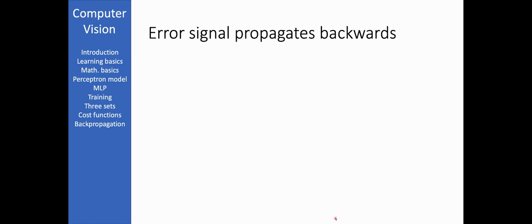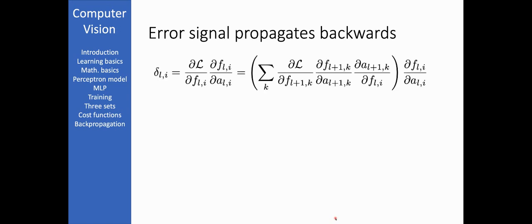Now, the bottom line is the chain rule works as the error signal is propagating backwards. Let's look at the error signal at layer L for a component in that layer, the ith component.